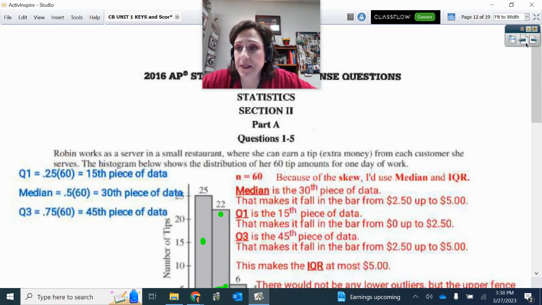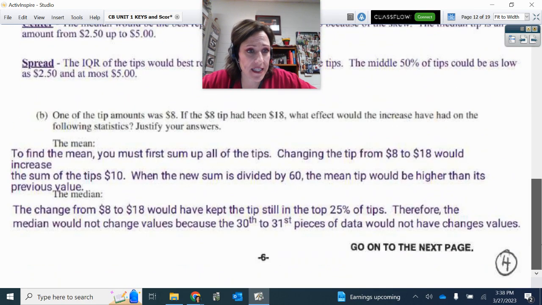All right, next they asked us what happens if one of the tips was 8, but if that tip was 18 instead, what effect would that have had on the following statistics? Justify your answer, the mean.